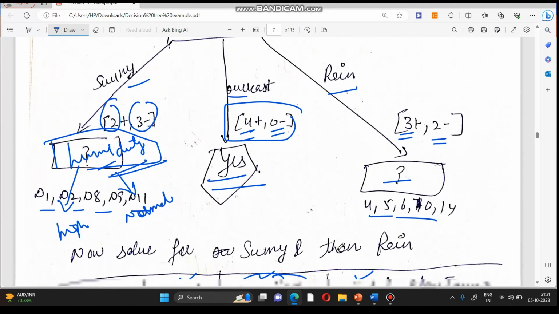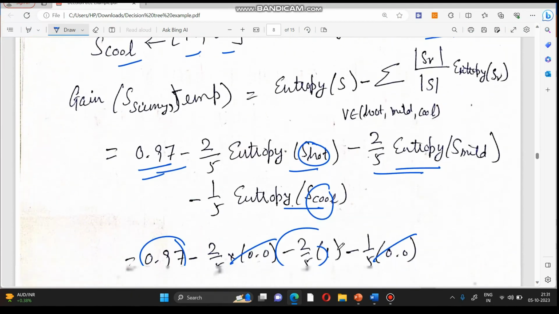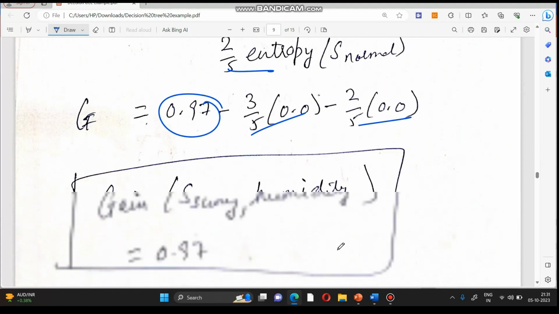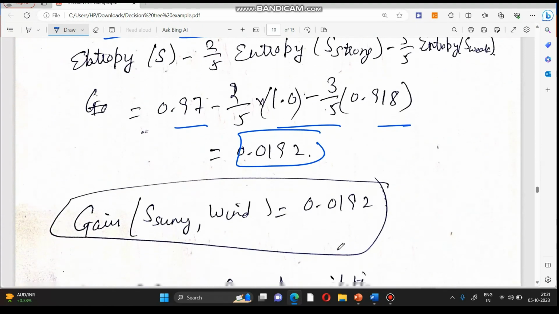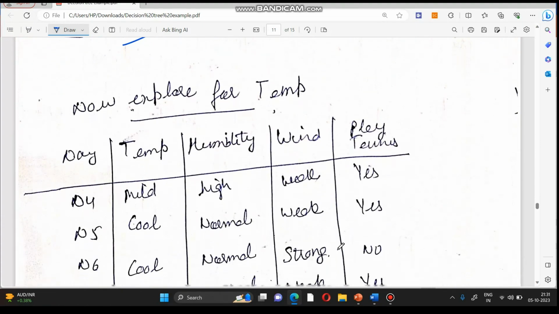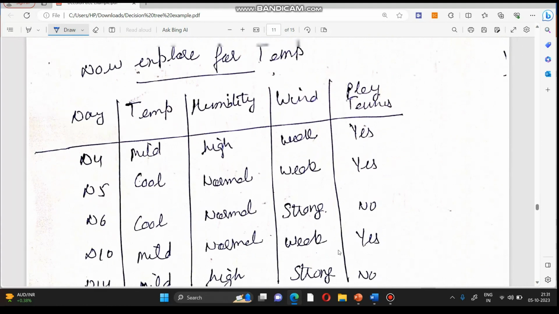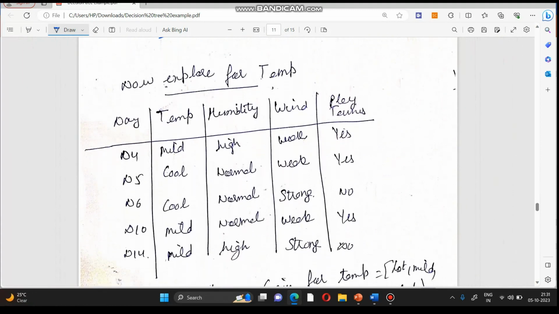Here we can see this is what we have done. Okay, so this is what we have for temperature. When we talk of temperature, we have these 5 rows.